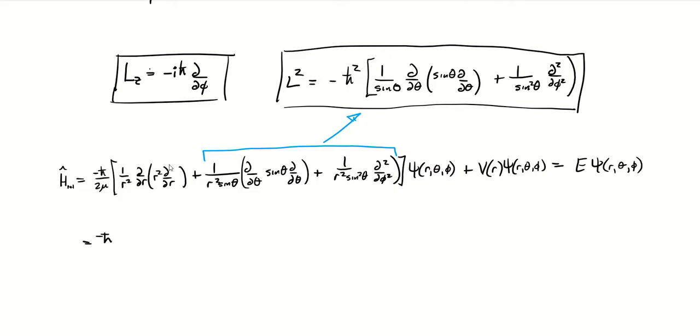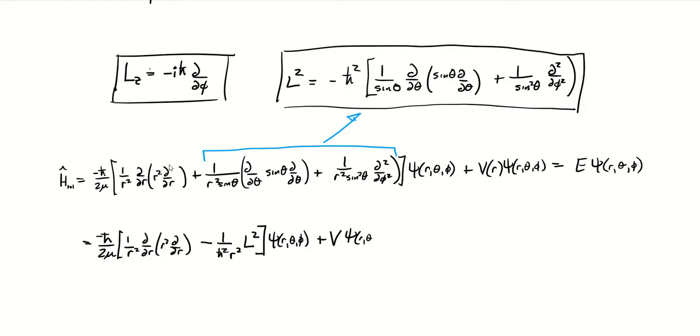So our Hamiltonian can actually be rewritten this way: 1 over r squared partial r, r squared partial r, minus 1 over h bar squared r squared L squared, acting on psi of r theta phi, plus that potential times our wave function, equals E psi of r theta phi.